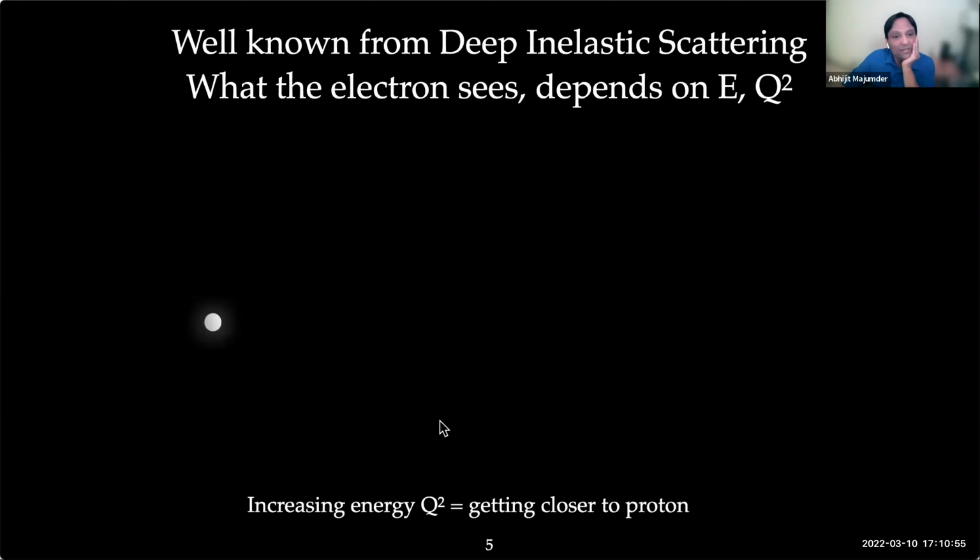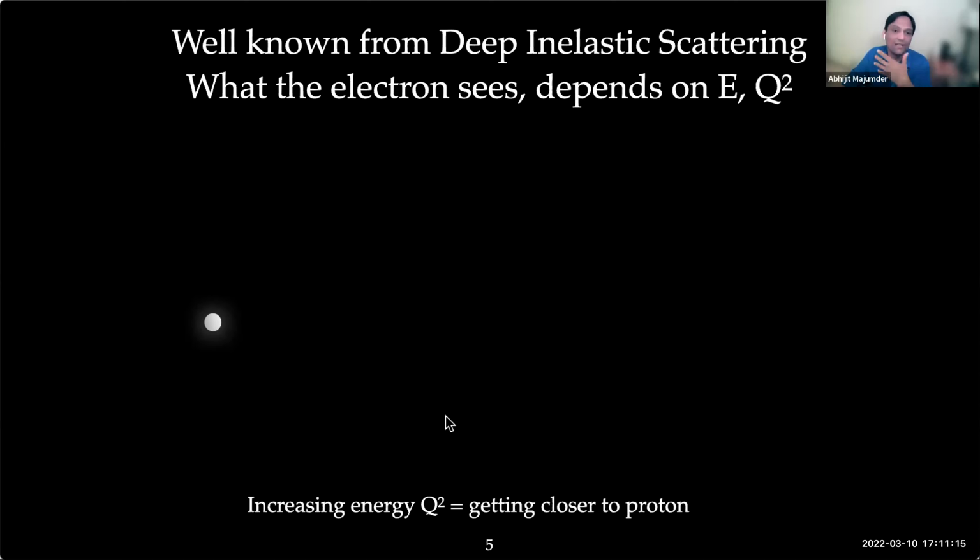If you're not from heavy ion collisions, one of the more canonical examples of QCD is to look at deep inelastic scattering. An interesting aspect of deep inelastic scattering is the scale dependence of structure functions.